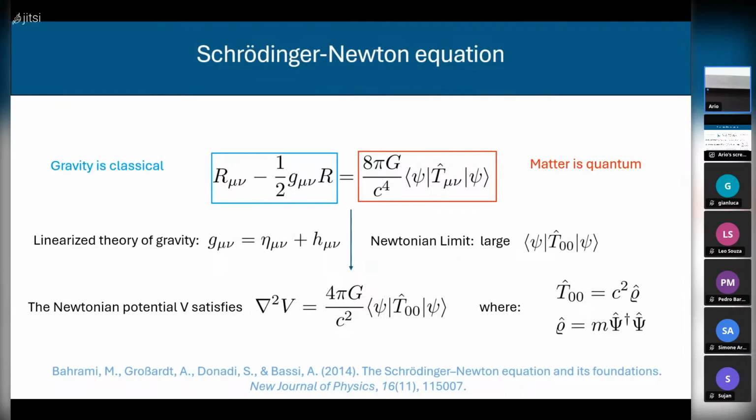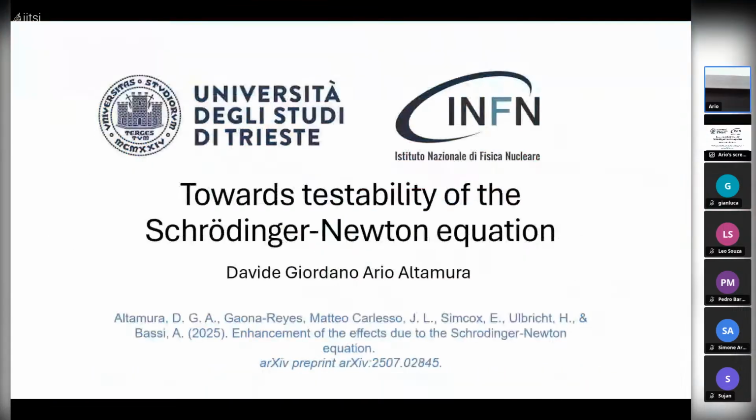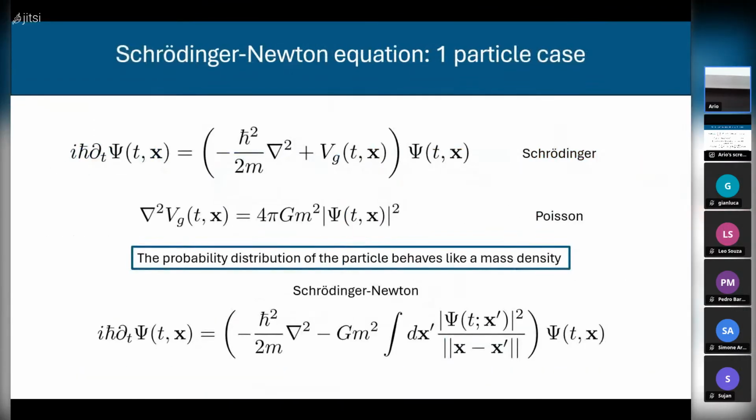In the end you start from this equation, then you derive the Newtonian limit, and you get a Poisson equation for the Newtonian potential V. This one below here. So what we are interested in is just this last equation. To have an idea of the main features of this equation, we take the simple case of just one particle, and we see how this gravitational potential enters the Schrödinger equation.